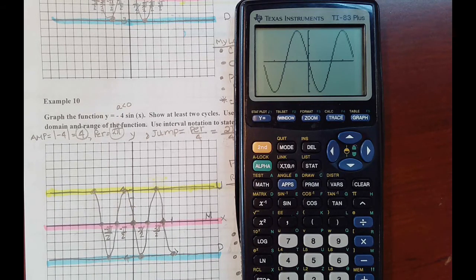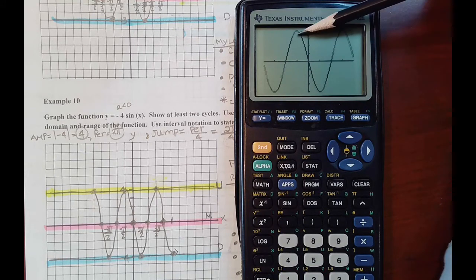Okay, for purposes of what exact points are, it's a little harder to read off the calculator, but you can get information such as what are the x-intercepts. You can also get that from your calculator graphs. If it was a multiple choice question on a test, then you could use a calculator. That would be a good problem to use a calculator on, but notice this has the same shape.